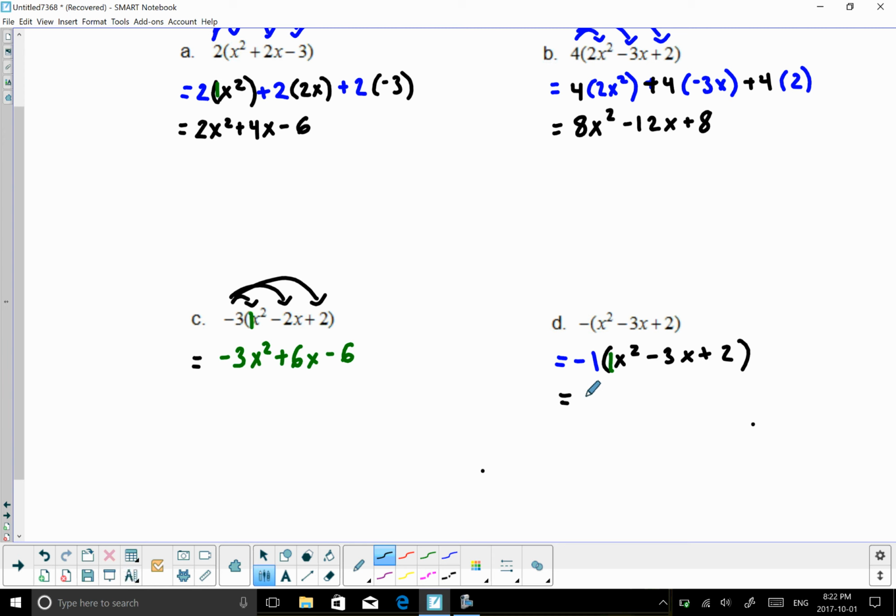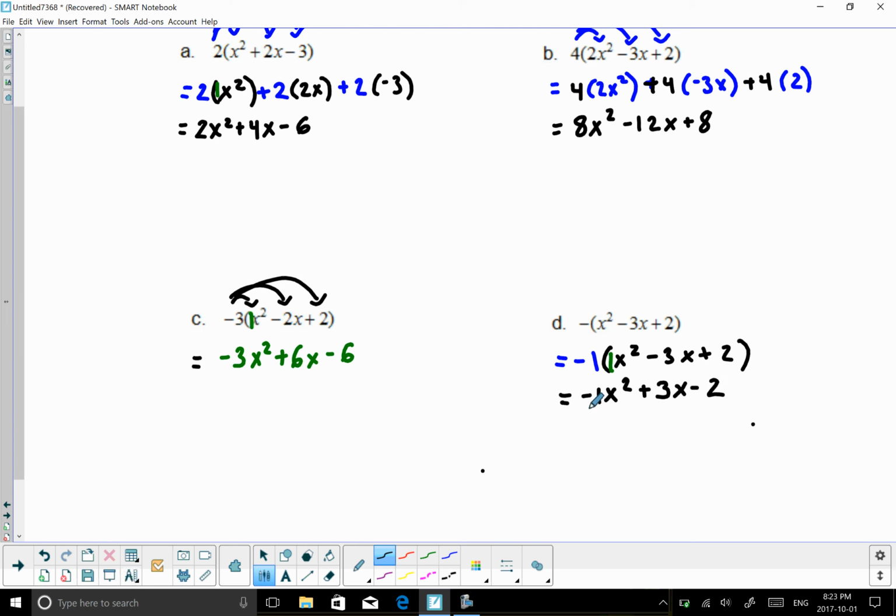Negative times a positive is a negative. So it's negative 1x squared. And then negative 1 times negative 3 is a positive, because a negative times a negative is a positive. And then negative 1 times 2, negative times a positive is a negative. Negative 1 times 2 is negative 2.